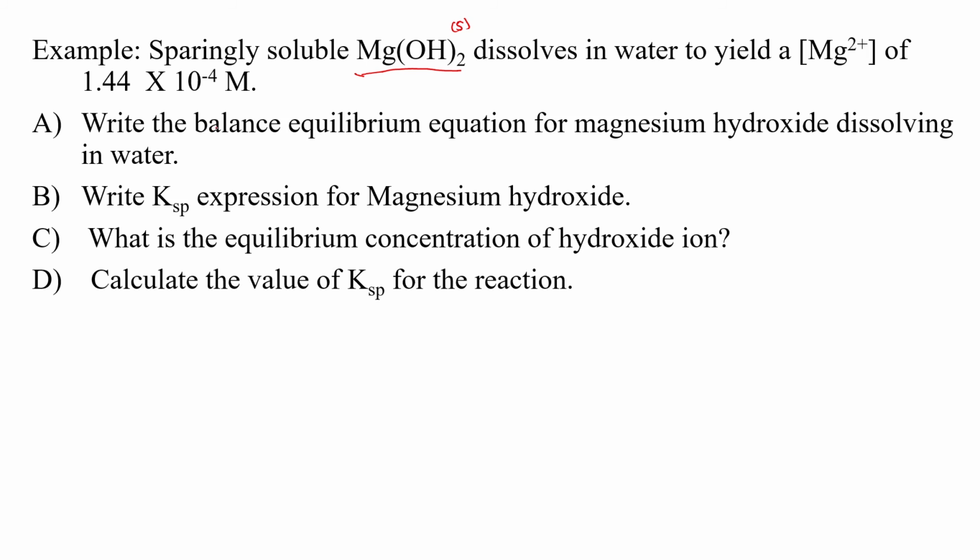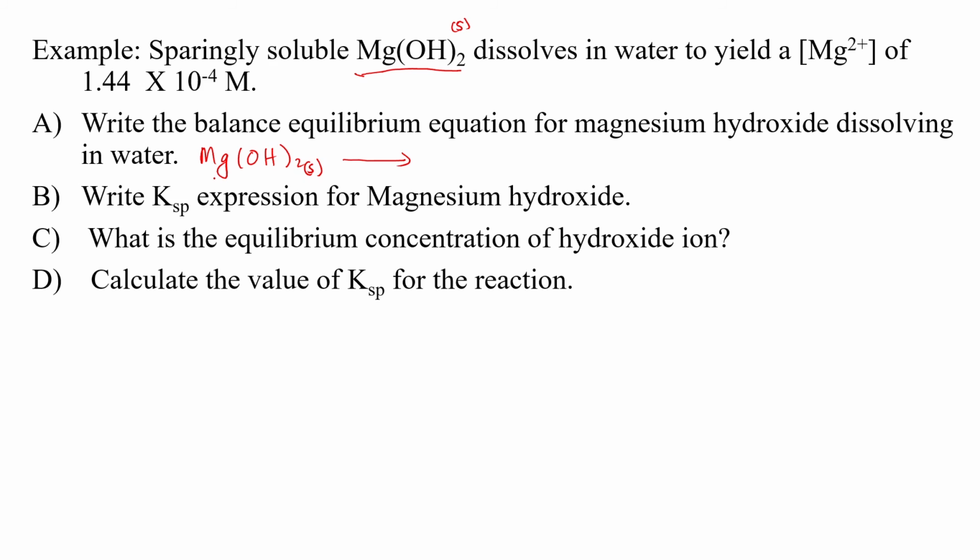Okay, so when we write the equation for dissolving a substance in water, it does not mean reacting with water. So when we are writing this equation, we are not going to write water in the equation. It will be only the substance itself. And this is sparingly soluble, so it is a solid.